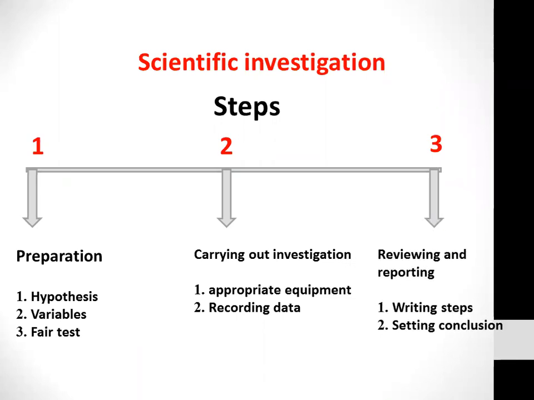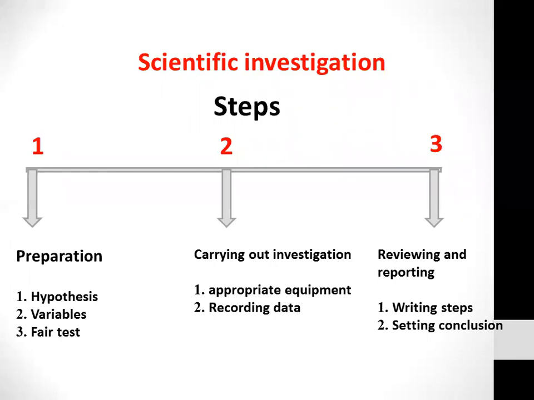And the last step is reviewing and reporting. At the end of your experiments, you can write the steps of the experiments that you performed there. And at the end, you should write the conclusions, whether your observation is quite familiar with that of the experiments, or your observation is quite different from that of your experimental data, or your analysis is quite different from that of your experiments, or your analysis is quite matched to your experimental data.